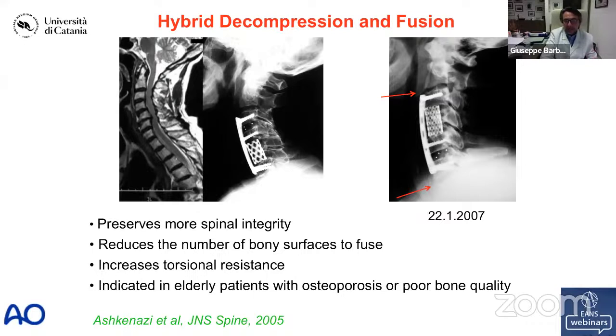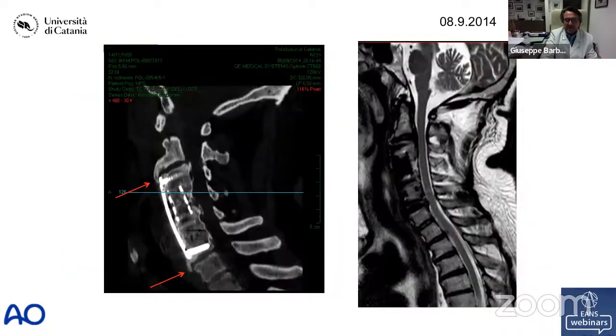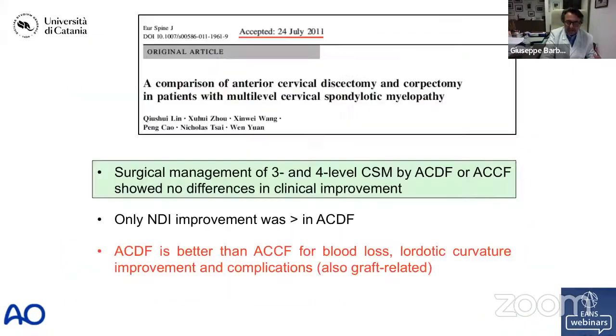The rationale behind this strategy is that these implants, these hybrid techniques, preserve more the spinal integrity, reduce the number of bony surfaces to fuse, increase torsional resistance, and is a technique which is indicated in elderly patients with osteoporosis or poor bone quality. As you can see in these patients, of course, you can face other issues like adjacent segment degeneration or adjacent segment disease, as you can see in this patient. But again, it seems to be a good option.